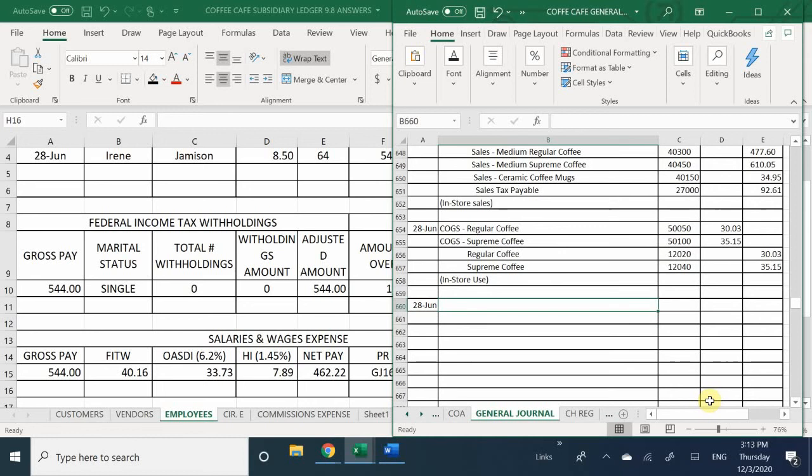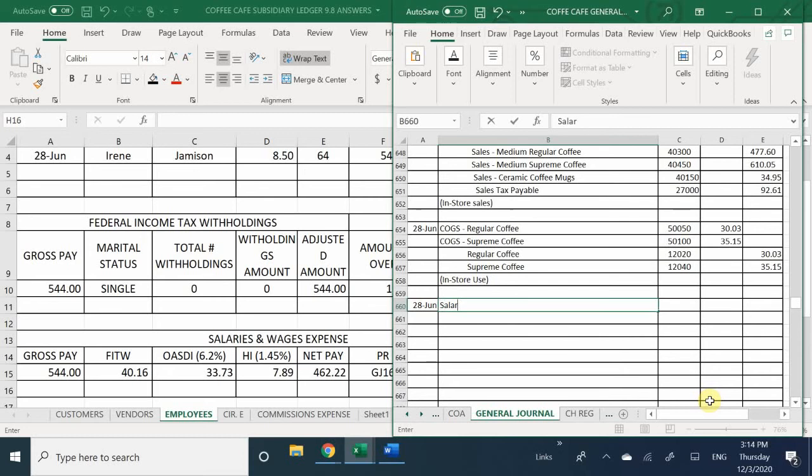What account are we going to use to record her earnings? Is it going to be the payroll liabilities? Do we owe her? Well, yes, we owe her, but we're paying her as well. Payroll expense. What kind of payroll expense? This is salaries and wages. Correct.